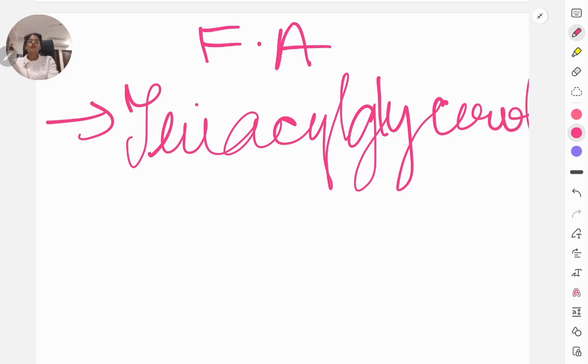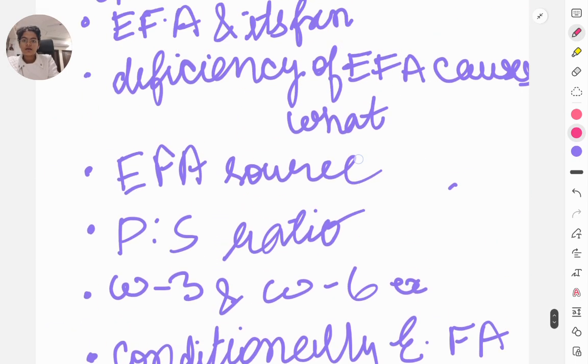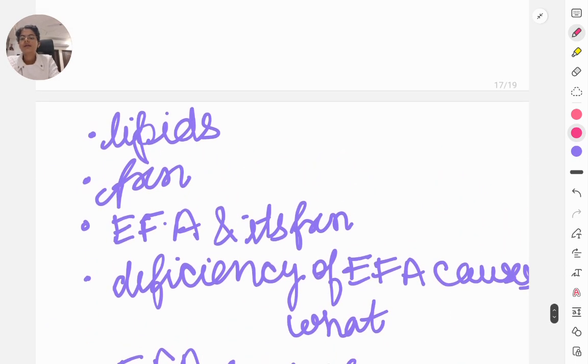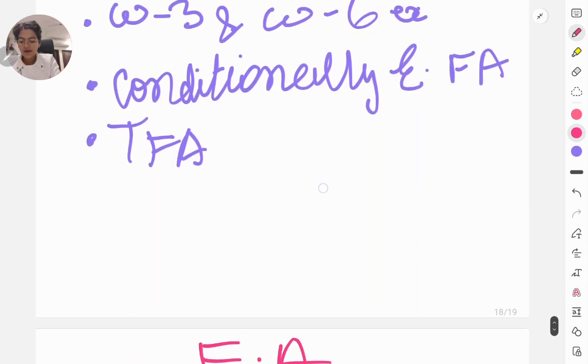Clear? Now we have to see, in lipids, sorry, I said fatty acid, I meant to say lipid. So lipid is called triacylglycerol. And now the function, where do we find lipid?